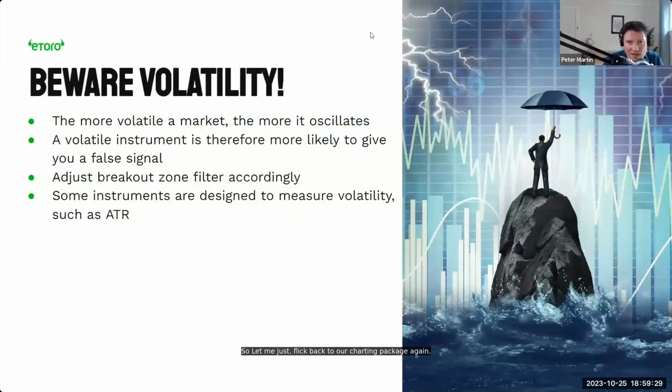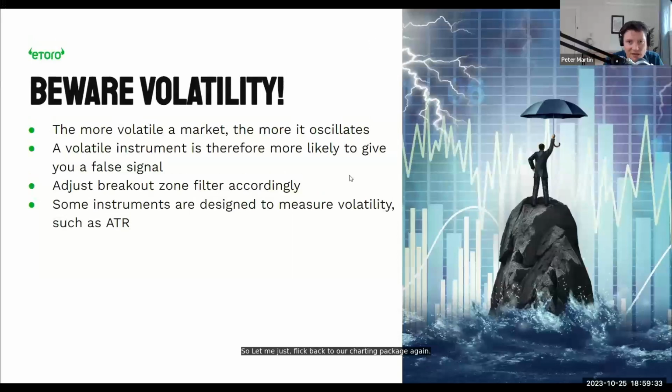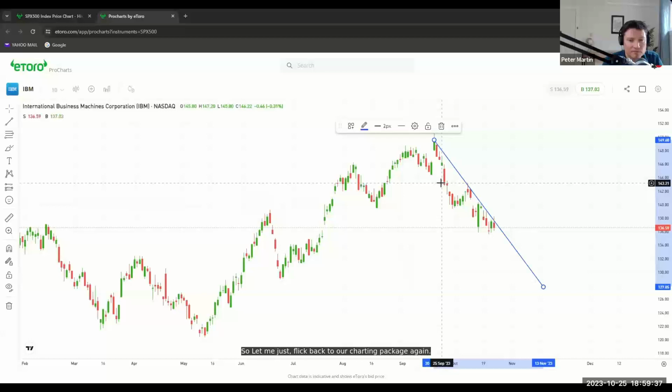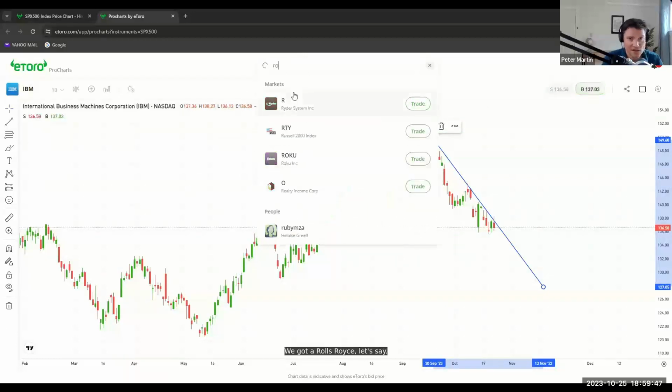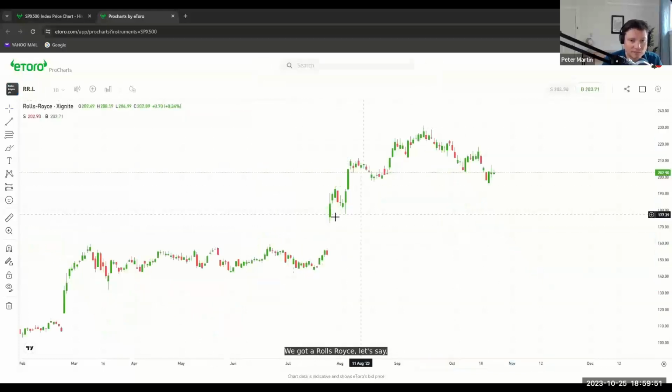So let me just flick back to our charting package again. Let's have a look at Rolls Royce on the daily chart here.